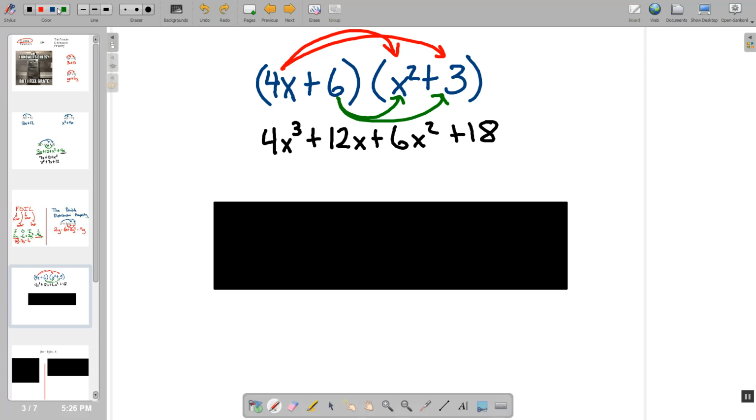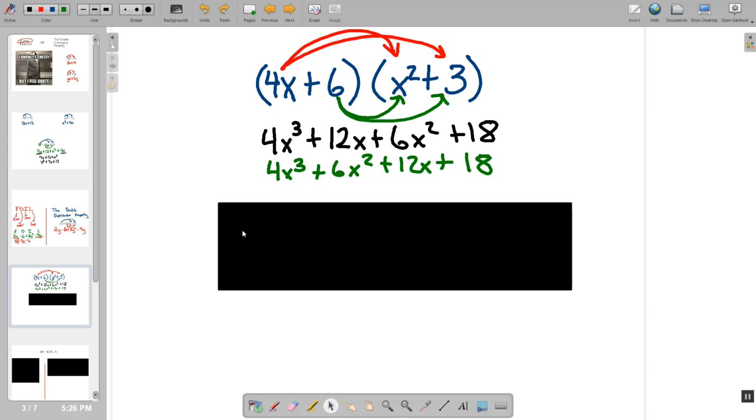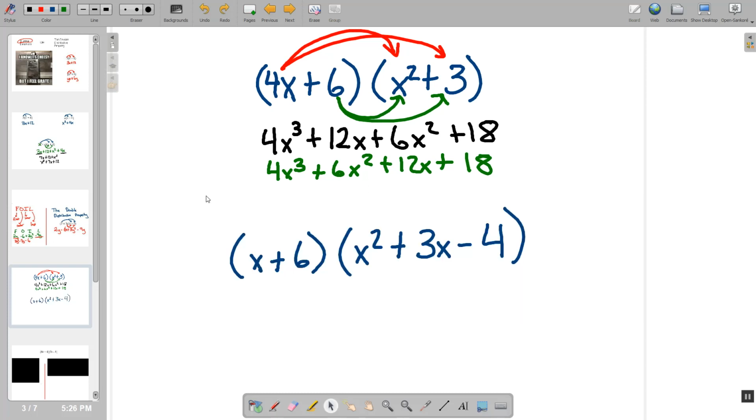If I wanted to write it in descending form, I would do 4x cubed plus 6x squared plus 12x plus 18, and nothing can be simplified in this problem. There we go. Double distributive property, that works fine. But what if I add one extra term to that second parenthesis?